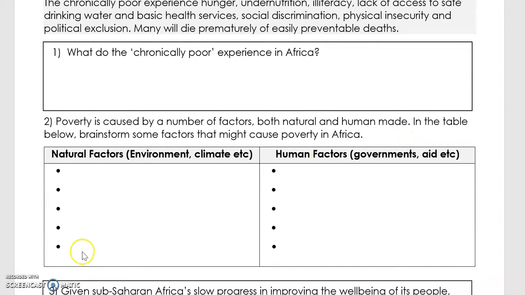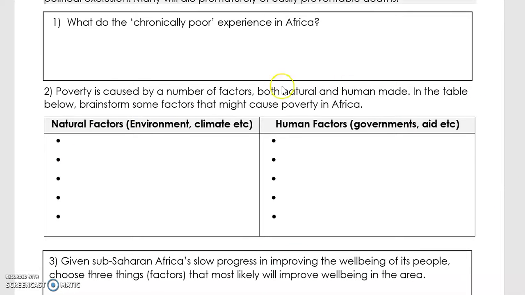Now this is a bit of a brainstorming area here. With these, there's no right or wrong answers necessarily. If you're really struggling with brainstorming this, you may want to Google some answers to help you. So what you're looking for is poverty. We know it's caused by lots of different things. It doesn't just happen because you don't make enough money. We're looking here at brainstorming some natural factors, for example, environment and climate.